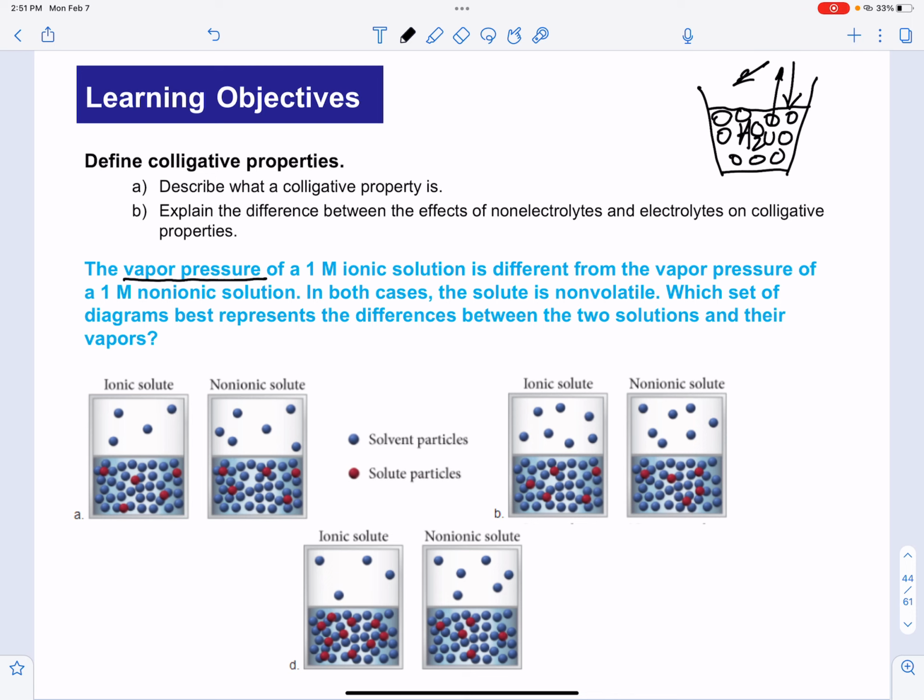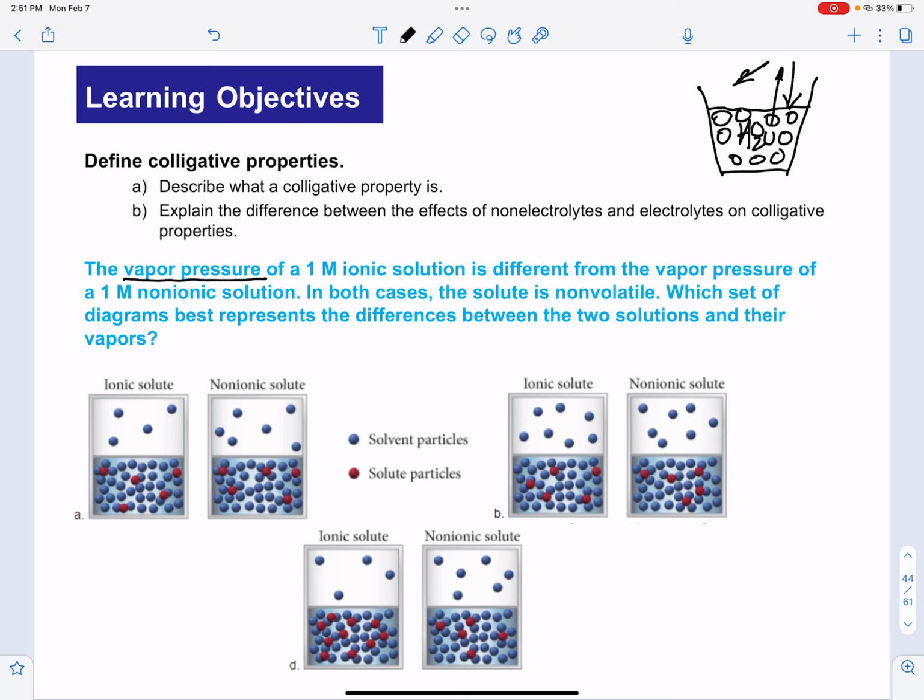That's what we call vapor pressure. The more molecules of water escape, the higher the vapor pressure, and they will tend to escape more when the temperature is higher. So it's a physical property that depends on temperature.